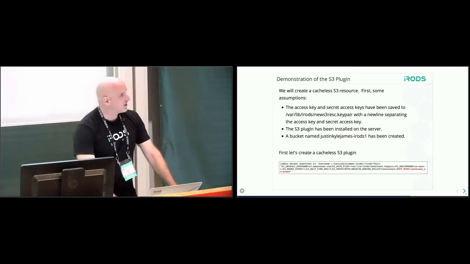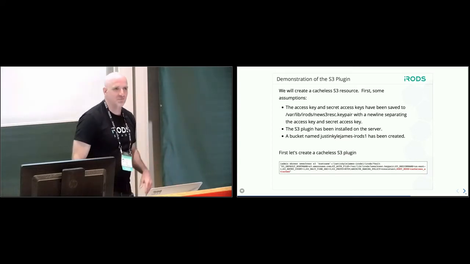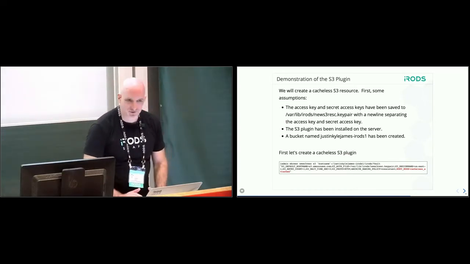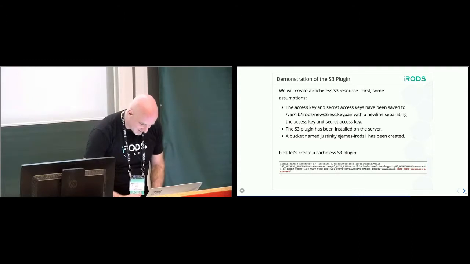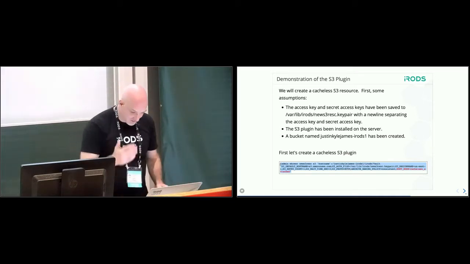Okay, so now we're going to demonstrate the S3 plugin. This probably is one of the more boring demonstrations you'll ever see, but just hang with me. Hopefully it'll give you an idea of how easy it is to use. First thing, what do you need before you set up an S3 resource?